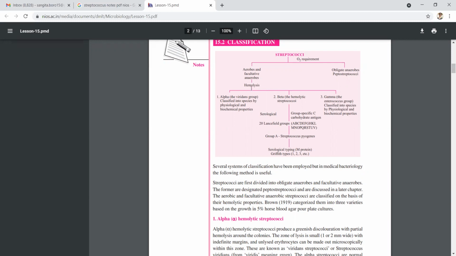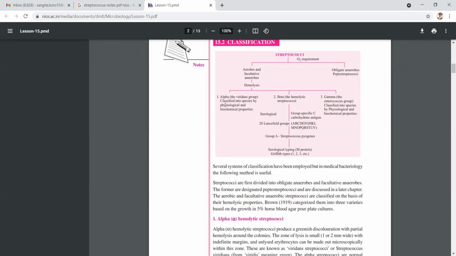Within that, you will find there are three different species types. The characterization of hemolytic bacteria is done, and then they are named as alpha, beta, and gamma.